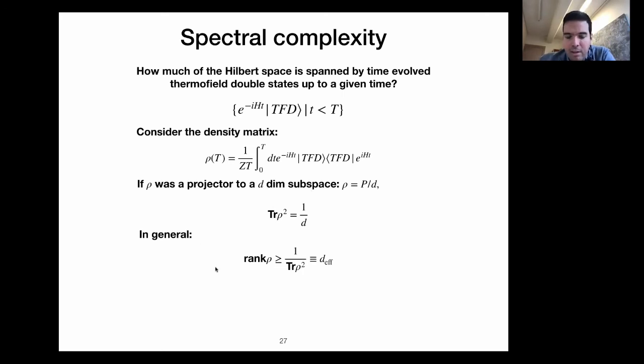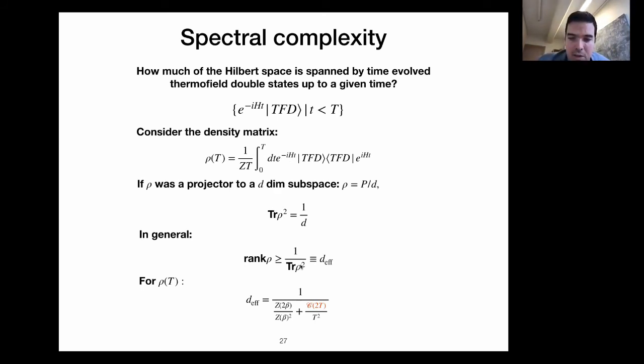In general, the rank of a density matrix is lower bounded by this inverse of this second entropy. We need this lower bound anyway, because this is a discontinuous quantity that likes to jump off to infinity pretty quickly. And if you define various types of smoothed versions of it, then this inequality will still hold. So I call this effective dimension.